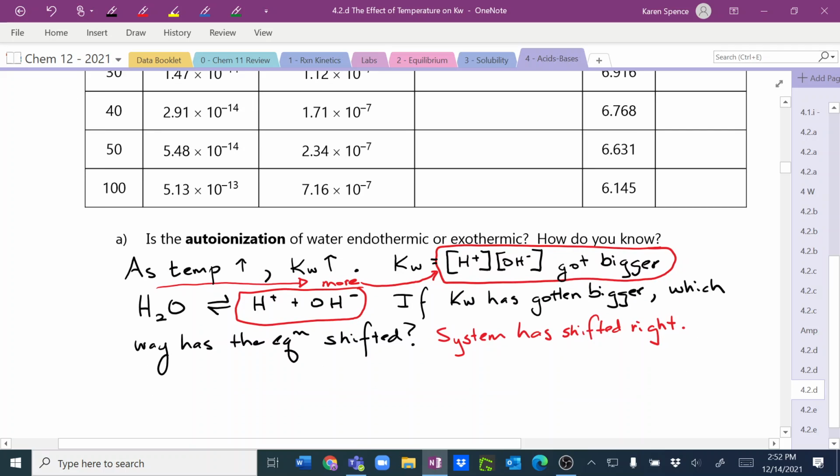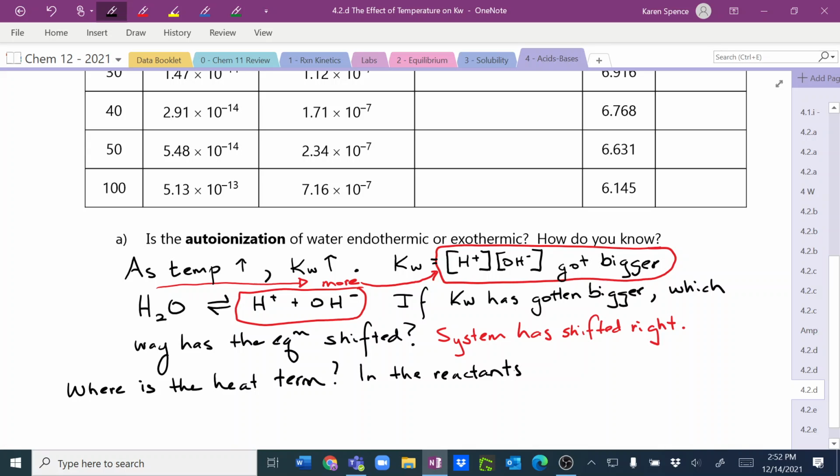So where's the heat term? And if the heat term is in the reactants, then the reaction, the autoionization of water must be endo or exothermic.